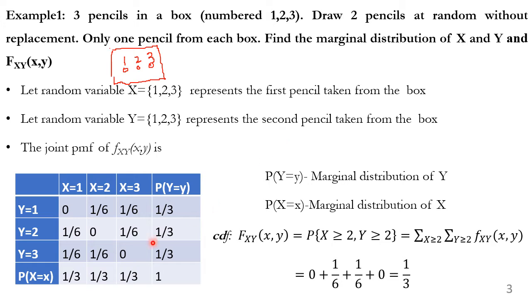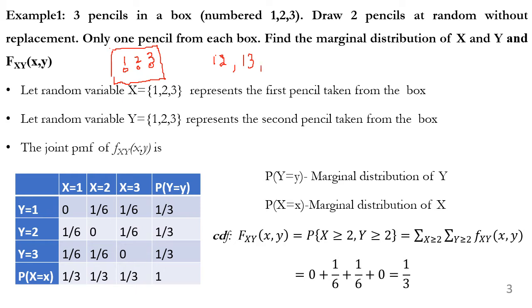First, let us draw the joint PMF table fxy. Now, if I draw 1 first from the box, I can draw the second pencil as 2, or the next combination may be 1, 3.